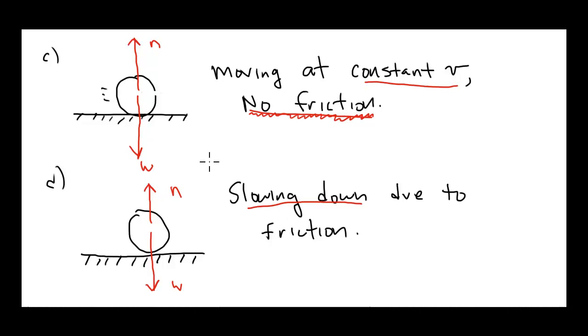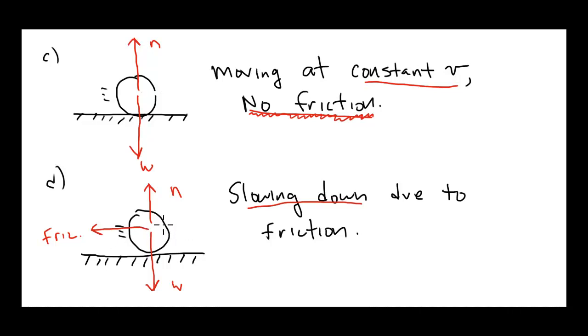Those are easy. Now, what to do from here? Well, I know that there's friction. Let's once again assume that the rock is going to the right. I know there's friction, and if the rock is moving to the right, the friction force is going to be this way. Friction. Okay. Now, do I need an arrow in this direction? Well, the problem doesn't specify.